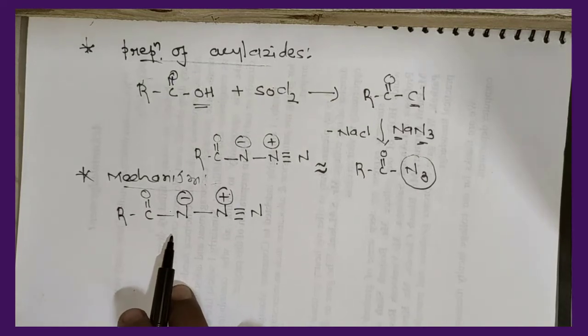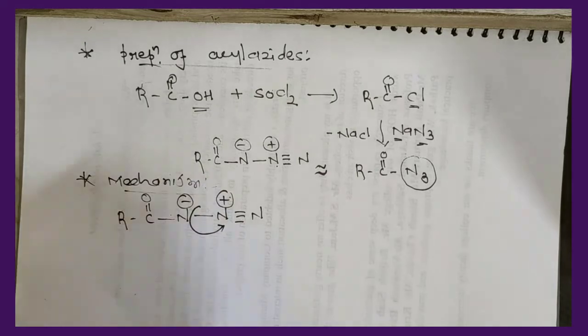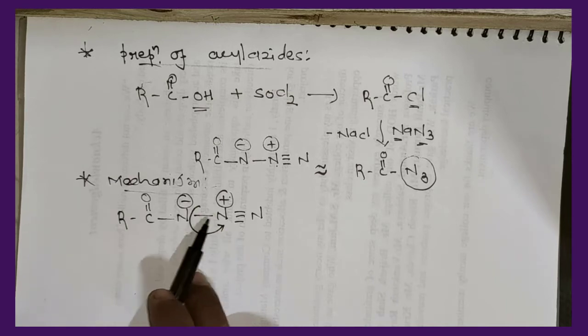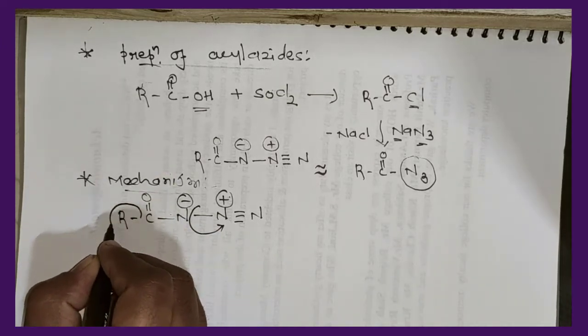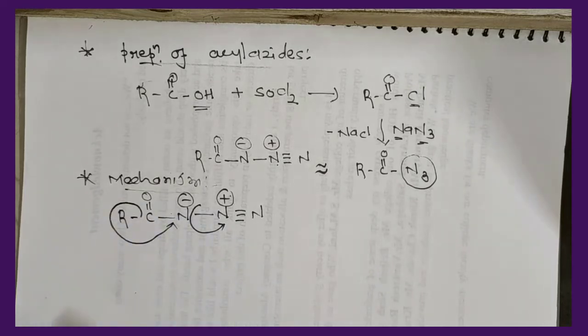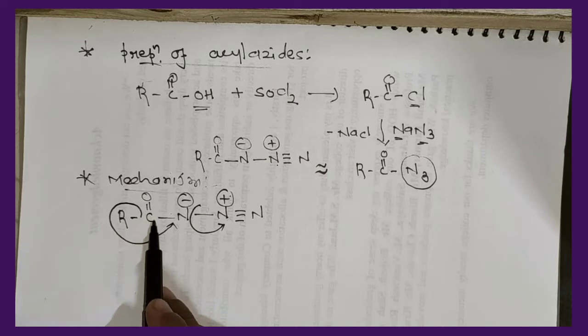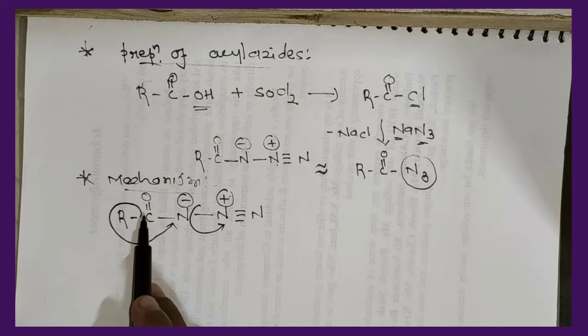This molecule can be stabilized if we remove this nitrogen as N2, a stable molecule, by withdrawing this bonding pair of electrons. This is possible if the R group transfers from the carbonyl carbon to nitrogen, with its bonding pair of electrons, which we generally call an anionic shift, right?